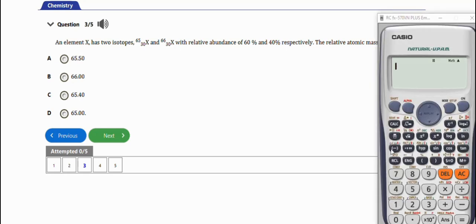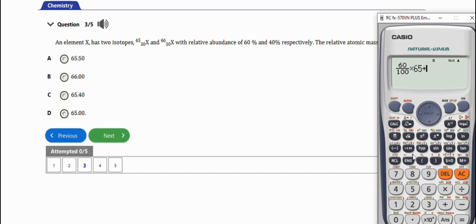As usual, in fraction, percent abundance sum, that's 60 over 100, times the atomic mass or mass number of this 60%, which is 65.